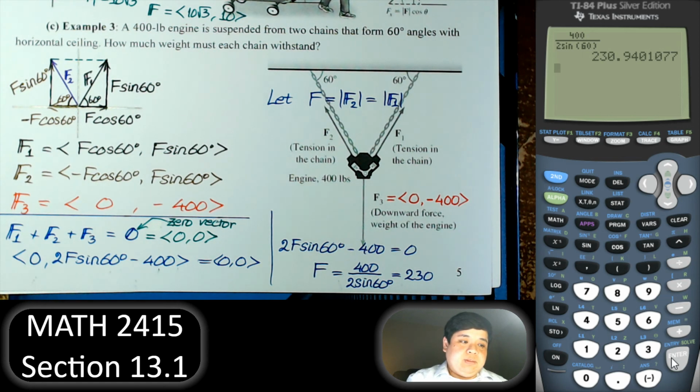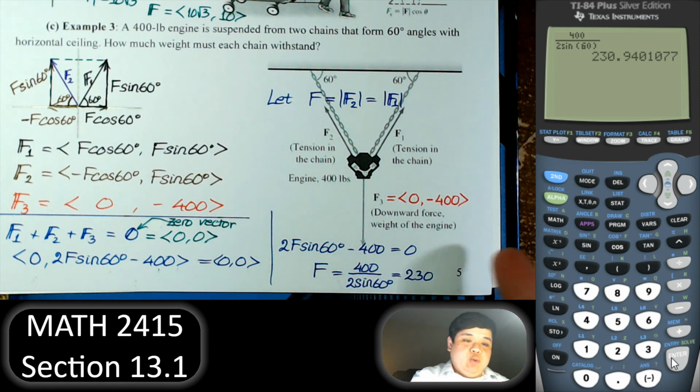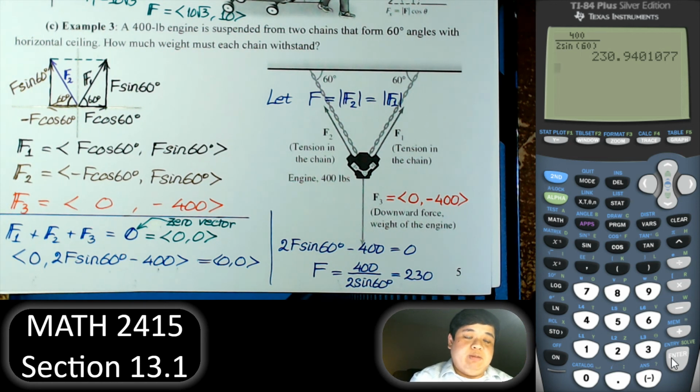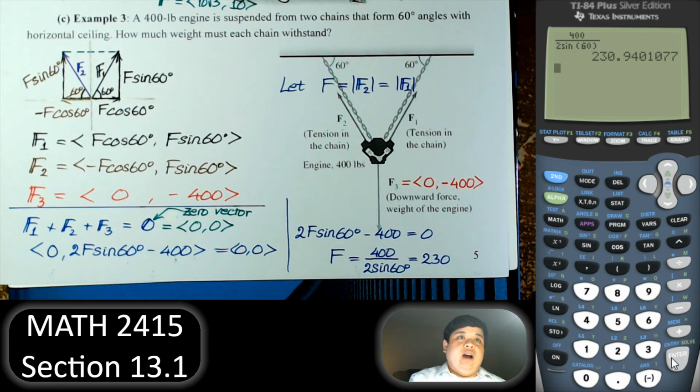If we had both chains hanging straight up perfectly, each one of them would take the weight of 200, but because they're at an angle, we have to have some more to compensate for the horizontal component of the force.